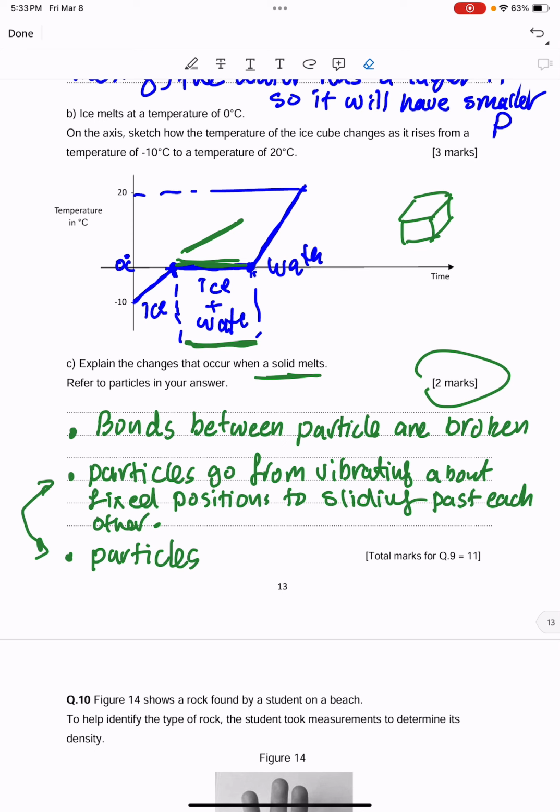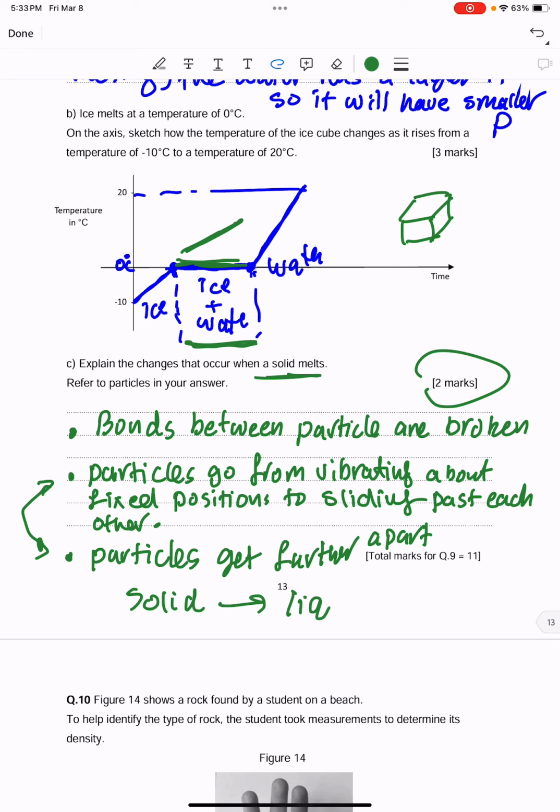Now they don't have the same arrangement they used to have when they are solids. So we're talking about changing from solid to liquid, and in solids the particles are close to each other and have strong bonds.